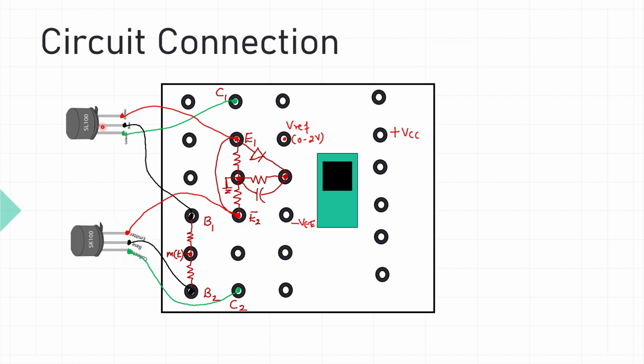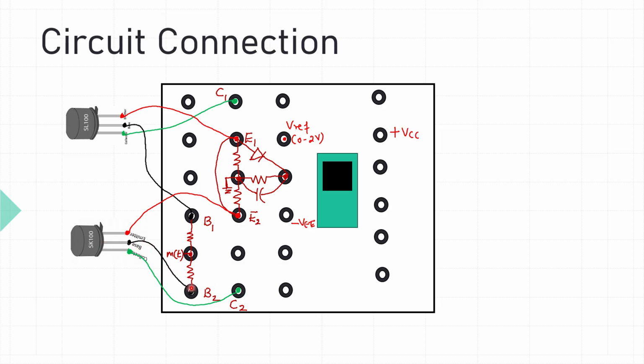Now connect SL100 emitter 1 to this point and SK100 emitter 2 to this point. You connect SL100 base here and the collector to this spring point to apply carrier frequency 1.